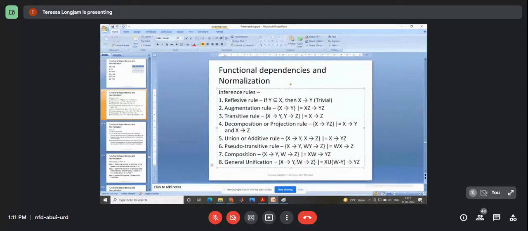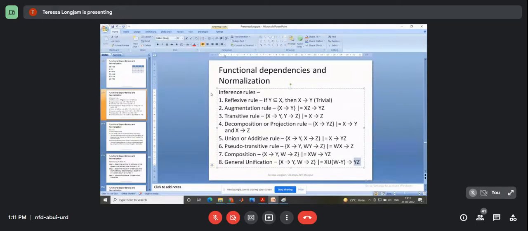Whether it is X or Y or Z or whatever we are using here, they are all sets of attributes. So if Y is a subset of W, then after removing Y from W and performing the union between X and W minus Y, we can determine the combination of Y and Z. Okay, that is, W determines YZ.